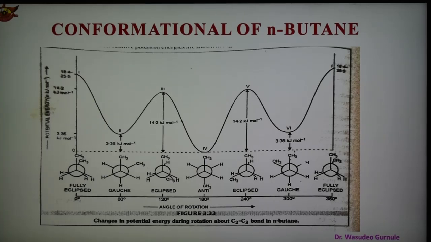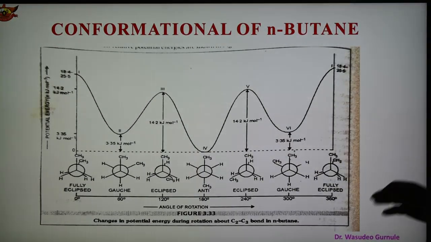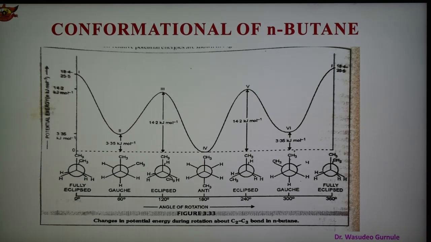So this figure shows the relative potential energy. Number 1 has the highest energy, and the least energy is in conformer 4, which is anti. The different conformers have different energies, as shown, so the least stable is number 1 and the most stable is number 4.